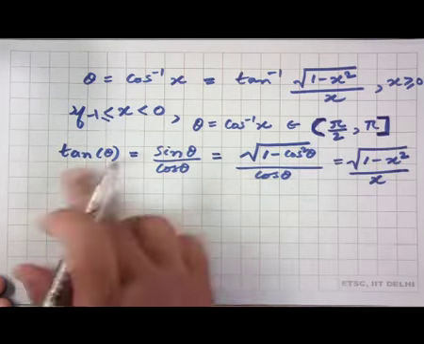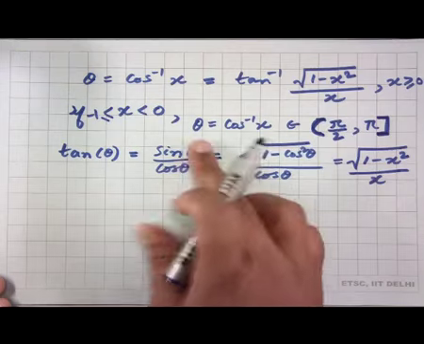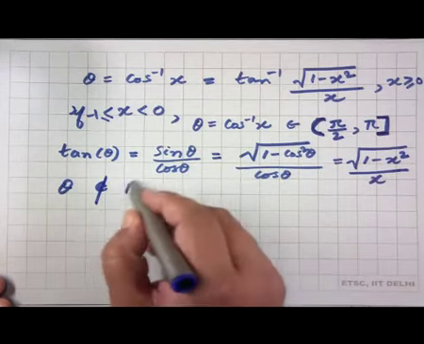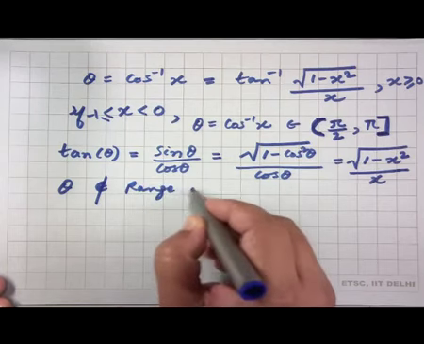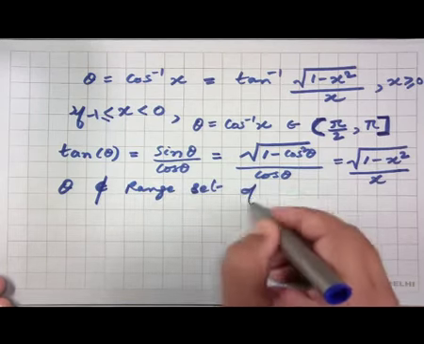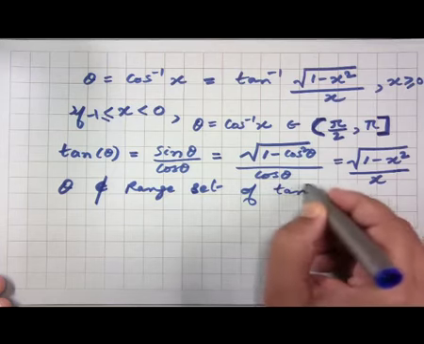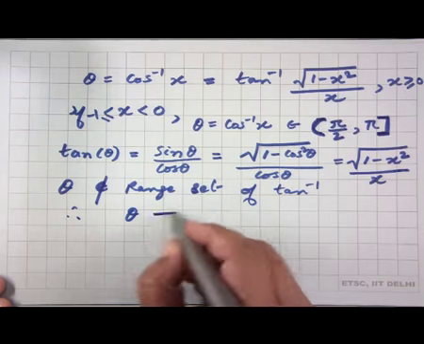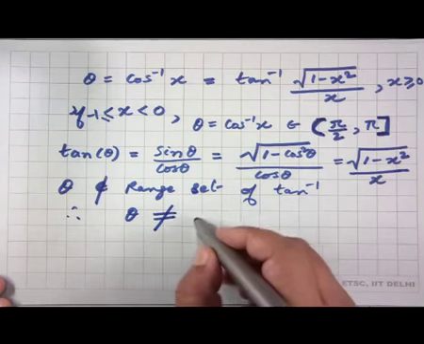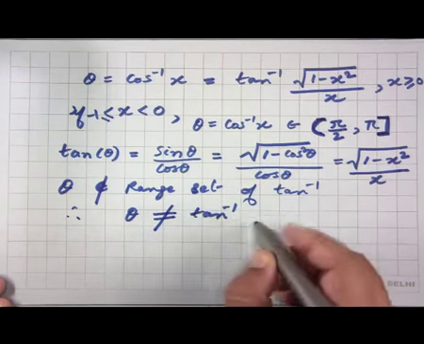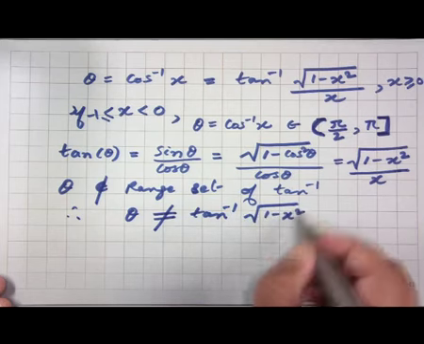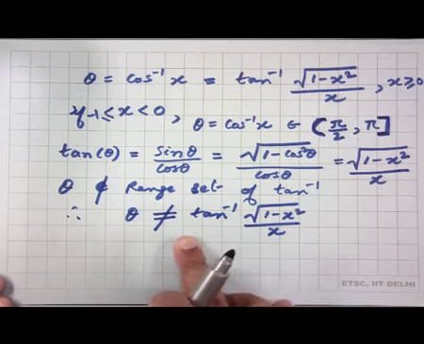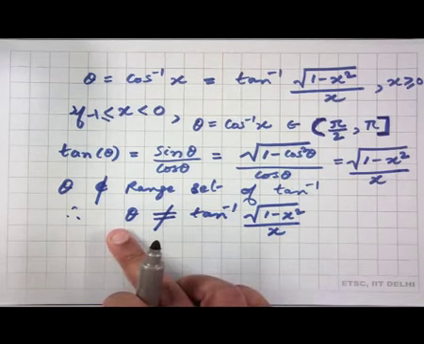So essentially here, if theta belongs to this set, then theta does not belong to the range set of tan inverse, and therefore we cannot write that theta is equal to tan inverse of square root of 1 minus x square over x. So for this case where x is negative, this statement is not true.